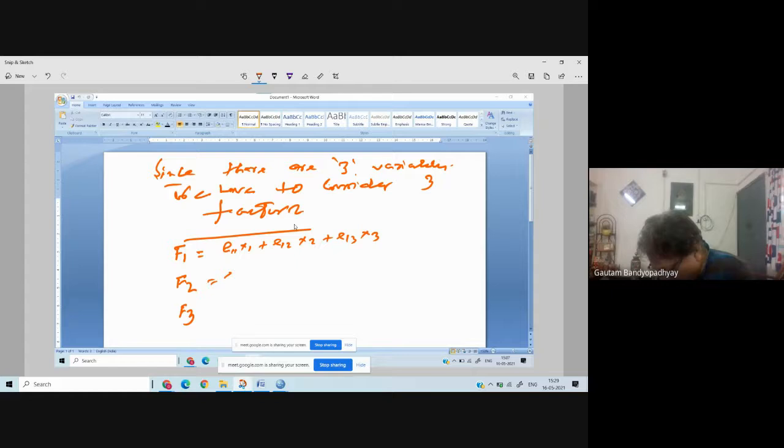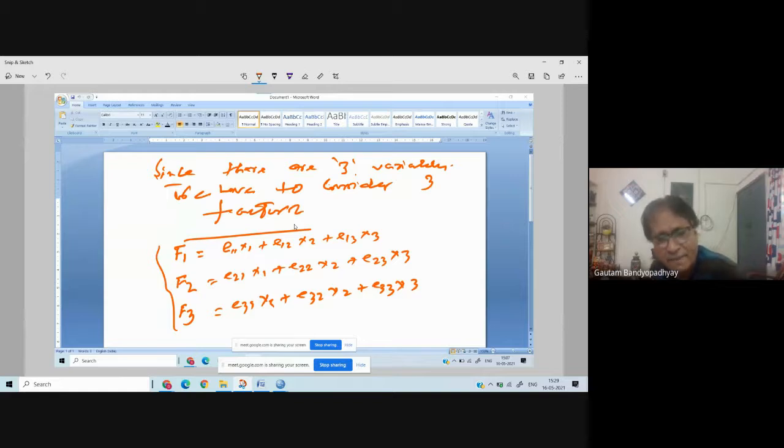The linear combination is E11 x1 plus E12 x2 plus E13 x3. So this is called the linear combination of the variables.